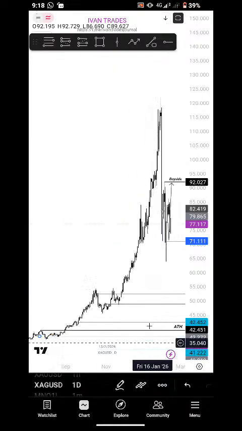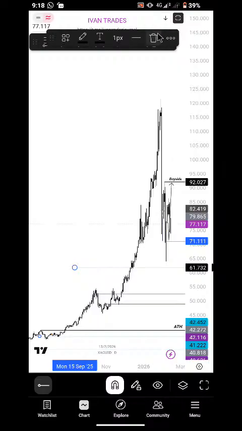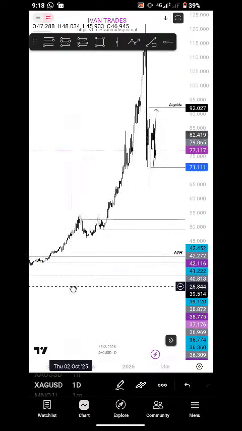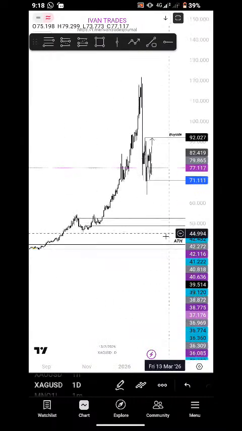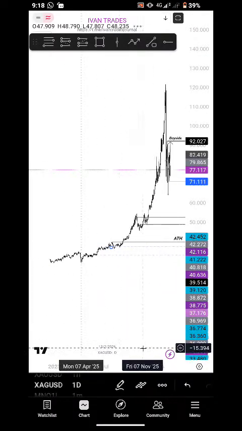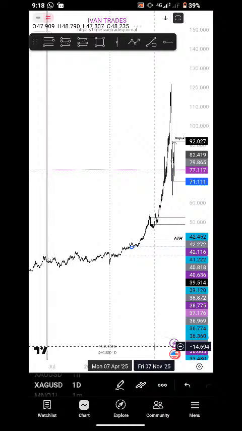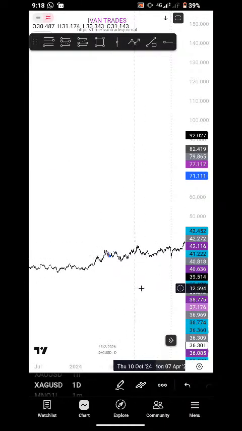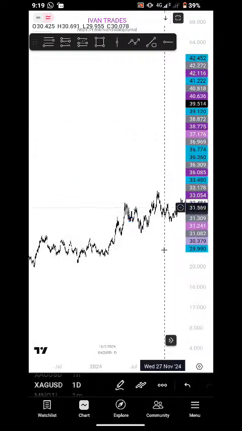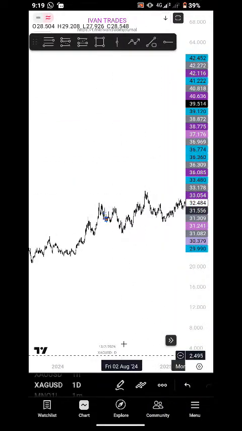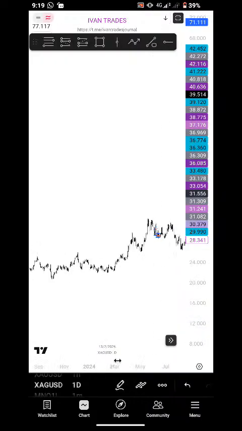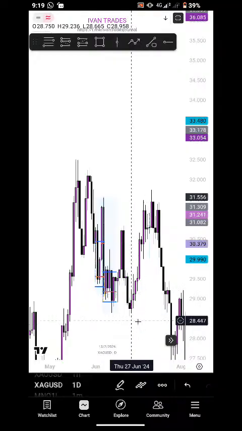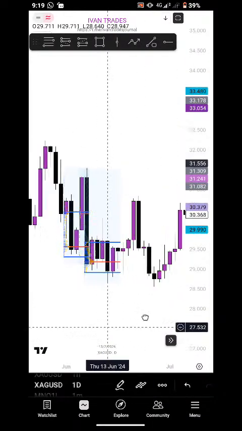Remember, when this was the all-time high, we knew silver had expanded to unbelievable heights. You can see right here, during 2024 I used to trade some silly stuff like volume profiles. In 2024, that was what I used to trade.